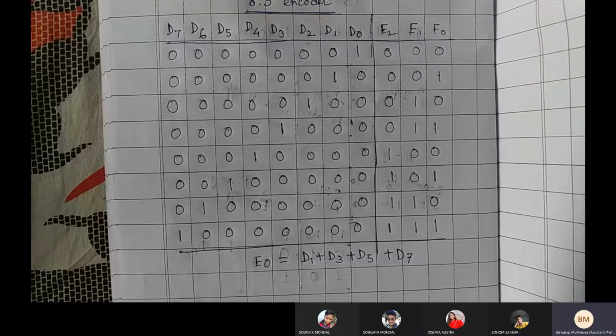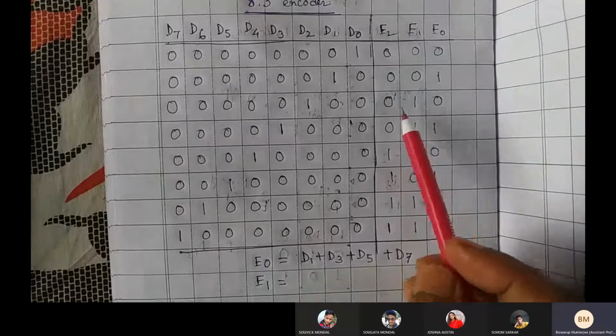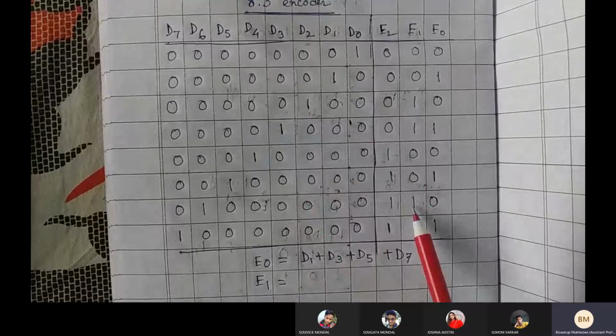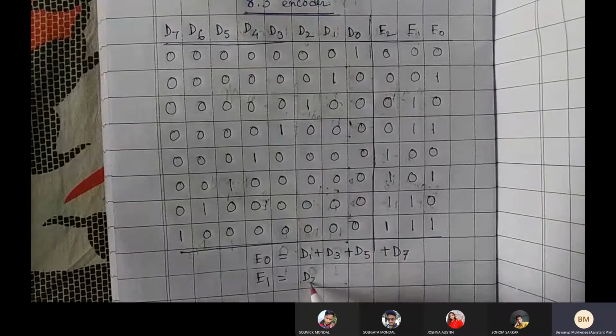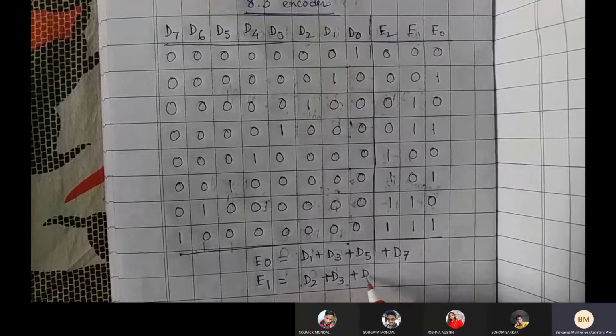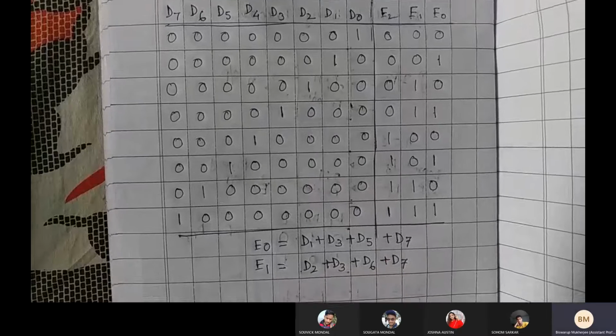Similarly, E1, next one, E1 is equal to, for which cases output is 1. It is for D2, D3, followed by D6, D7, right? So D2 plus D3 plus D6 plus D7. So for these cases, E1 is high.